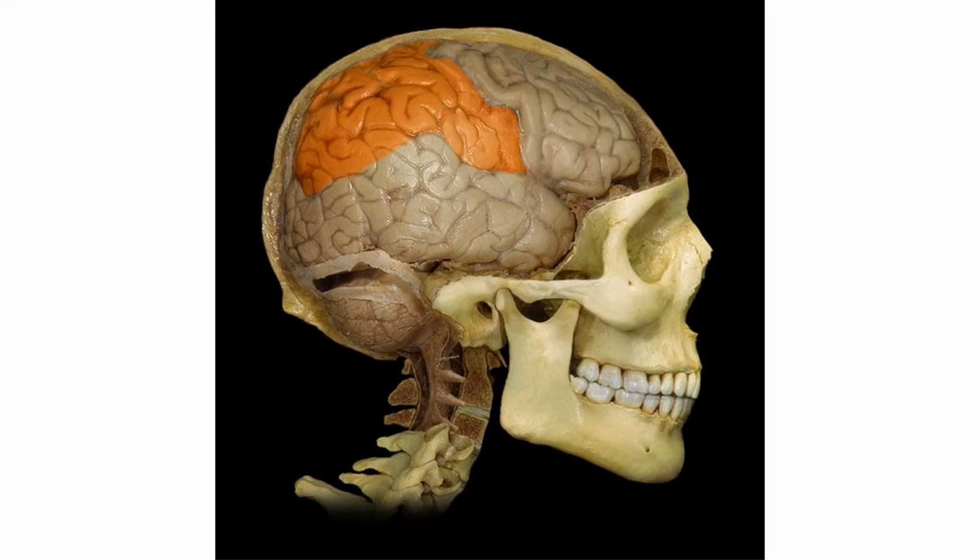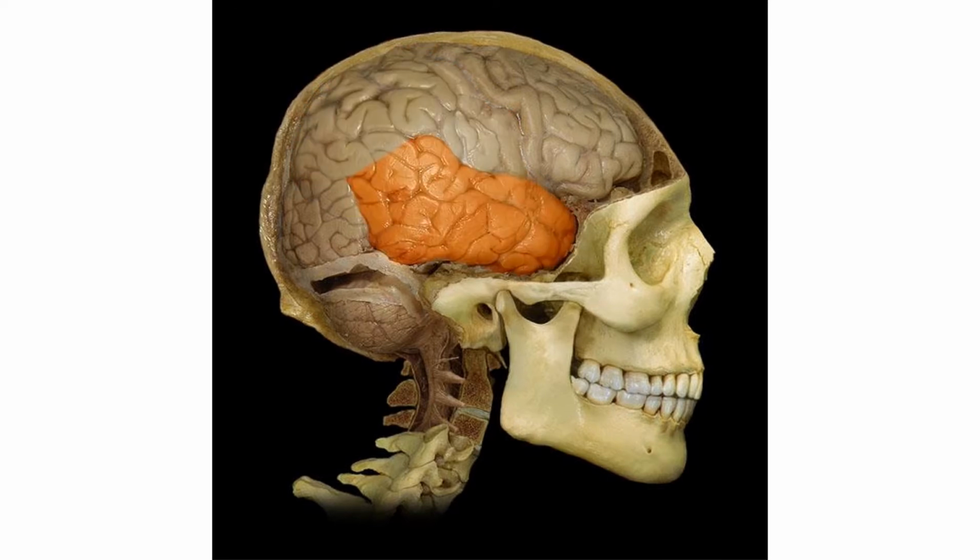Now, the orange marked lobe of the brain is the parietal lobe, covered by the parietal bone, and it is posterior to the central sulcus that separates it from the frontal lobe.